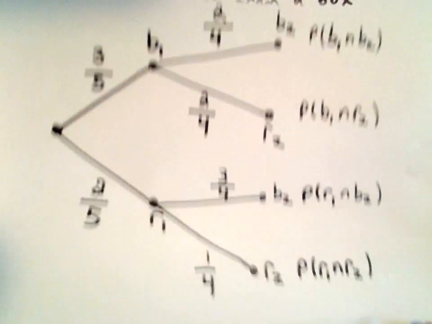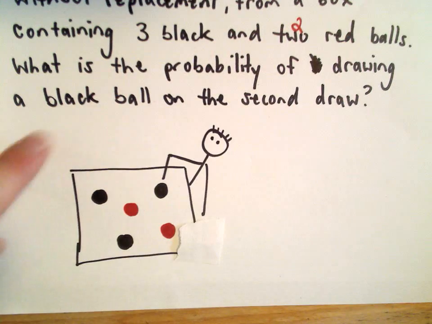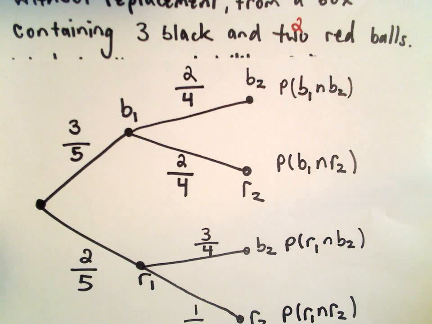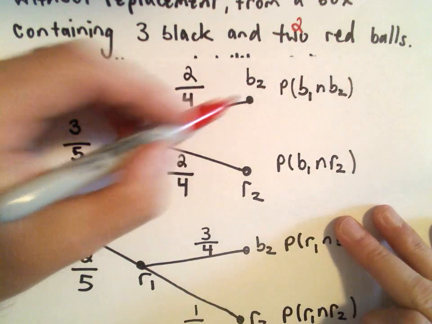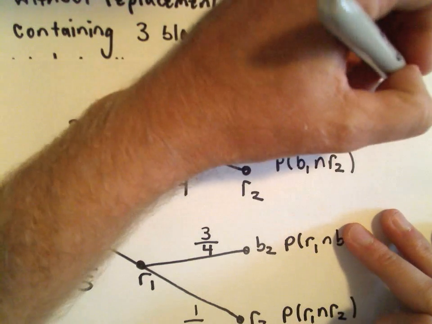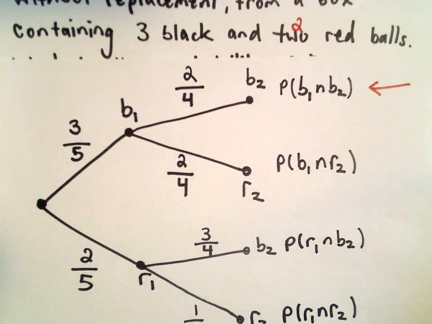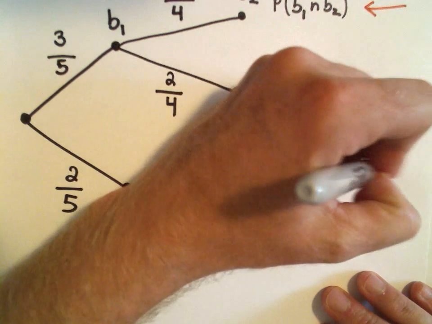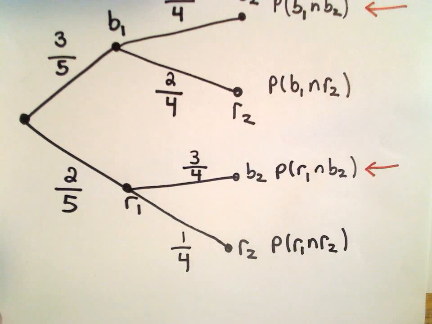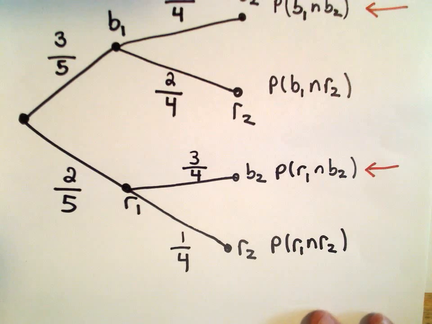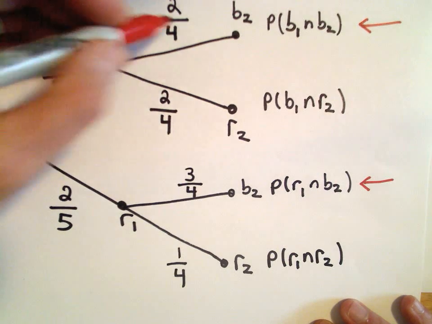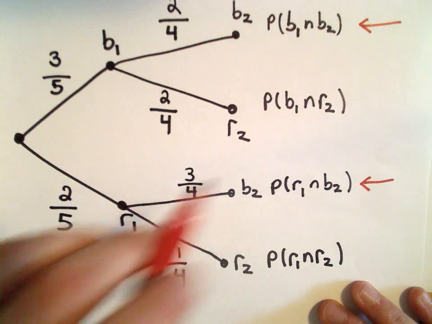Okay, so again, what we're really interested in is figuring out the probability of getting a black ball on the second draw. Well, the top branch corresponds to getting a black ball on the second draw, and also this third branch down corresponds to getting a black ball on the second draw. And recall, to compute these probabilities, the idea is you multiply the probabilities along the branches.